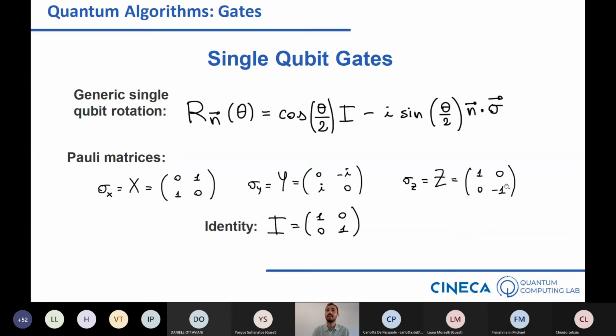The nice thing about sigma z is that the eigenvalues are 1 and minus 1, with eigenvector 0 for eigenvalue 1 and eigenvector 1 for eigenvalue minus 1, as we've seen before.